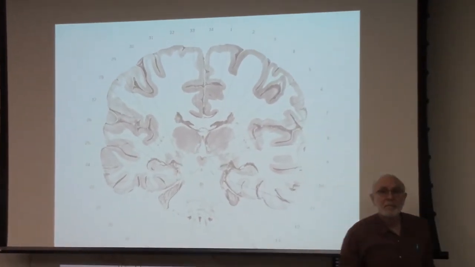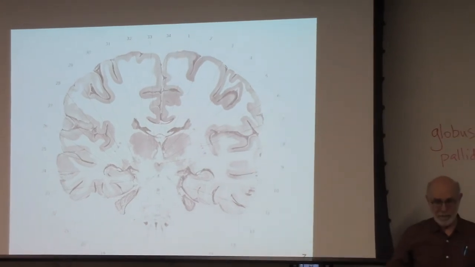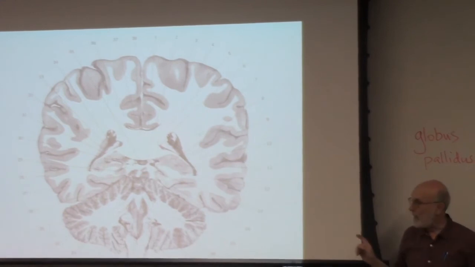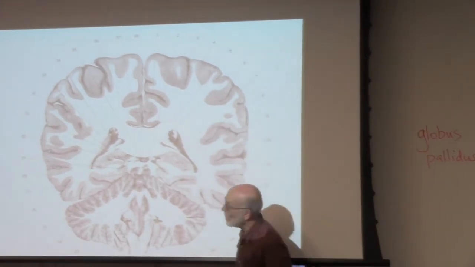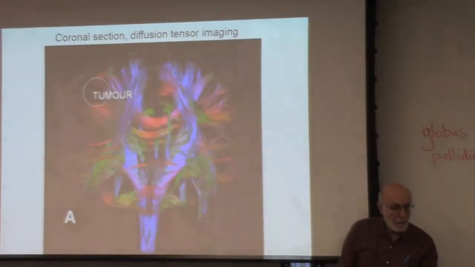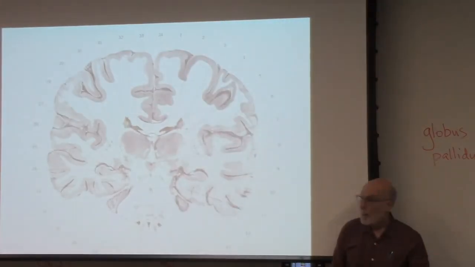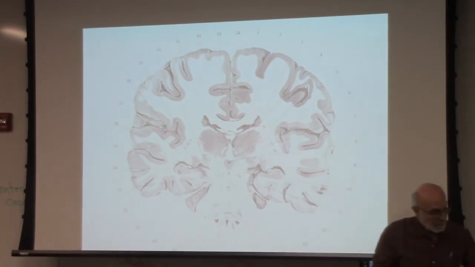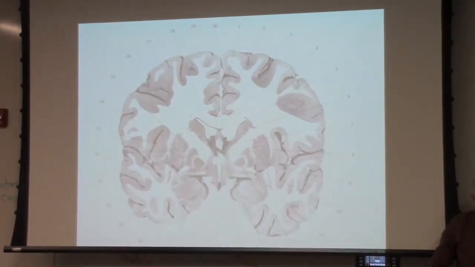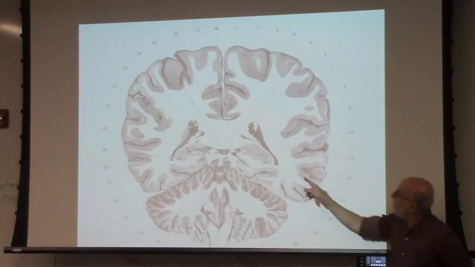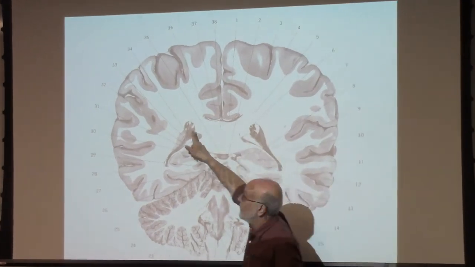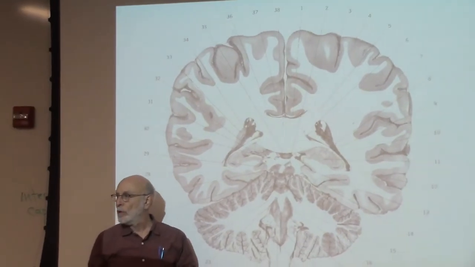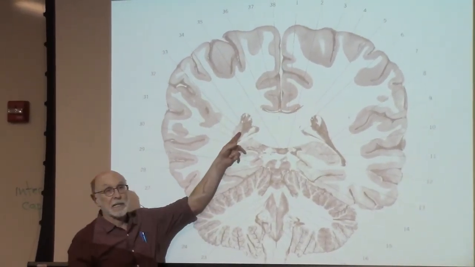There was one label on the notes that I didn't recognize. It was like choroid? Oh, choroid plexus, thank you. So here, let's go to this one. This fuzzy dark material lining the lateral ventricle is the choroid plexus.